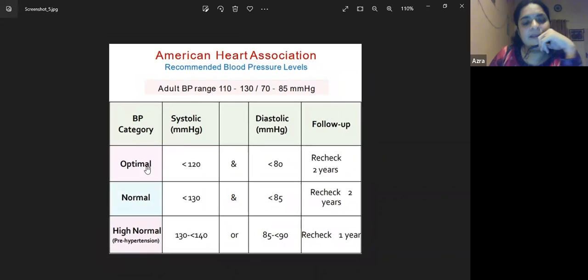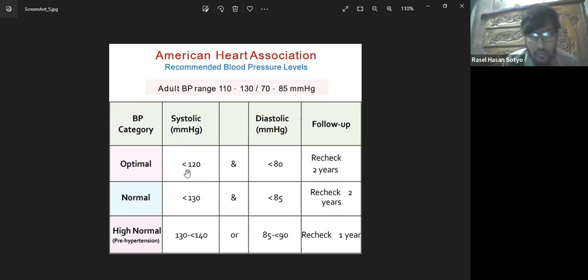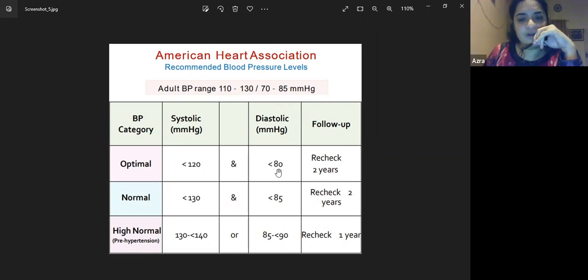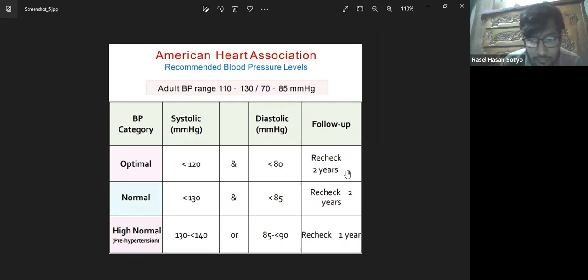Now, in the optimal category, systolic is less than 120 and diastolic is less than 80. Follow up is a recheck in 2 years.